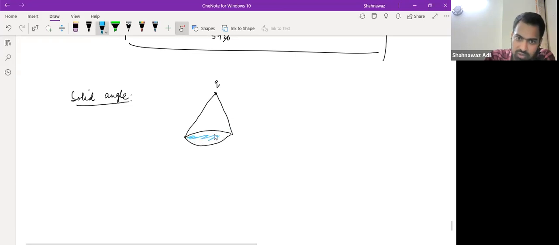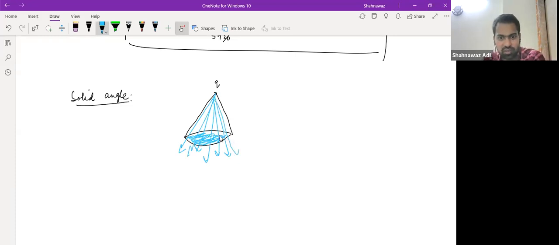The electric field lines cross this base, and for 4 pi the flux was q by epsilon naught. And then we calculated the conical angle.